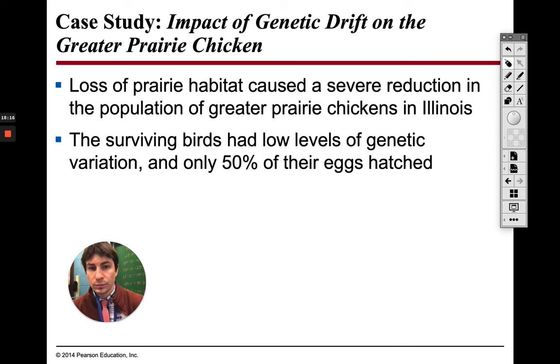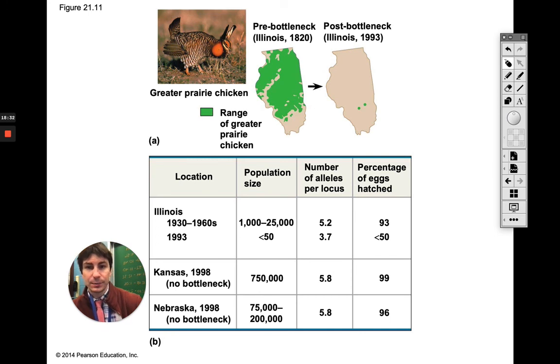So there was a loss of habitat in the Illinois one. With the ones that survived, the prairie chickens that survived, they found that their eggs were not hatching. Only about 50% did because of this bottleneck.